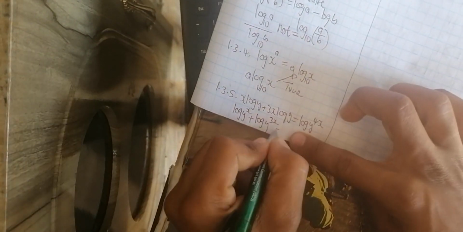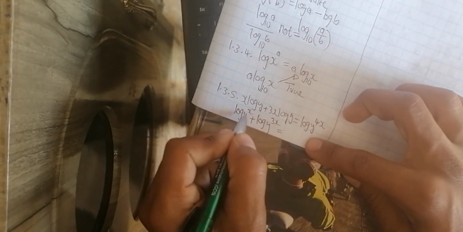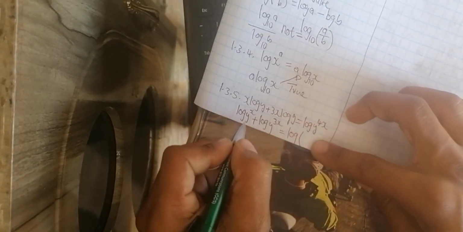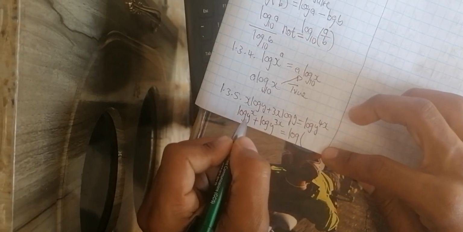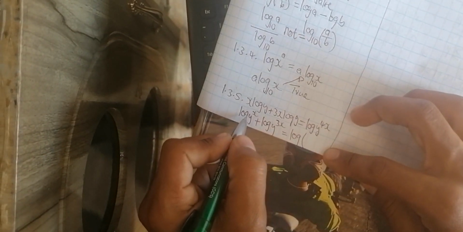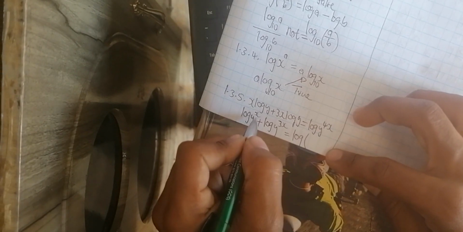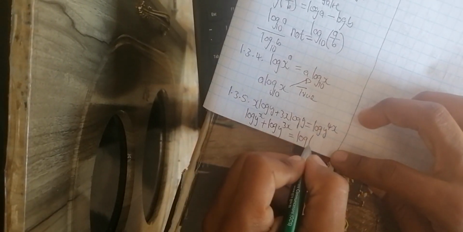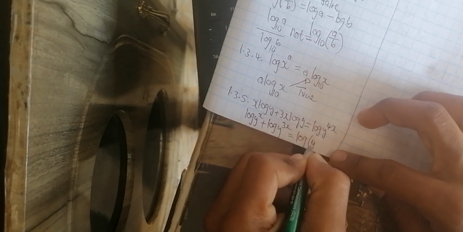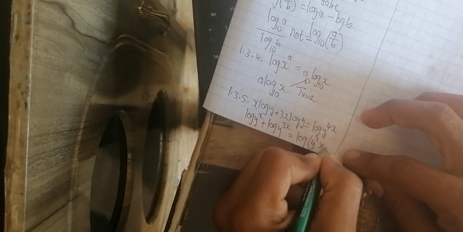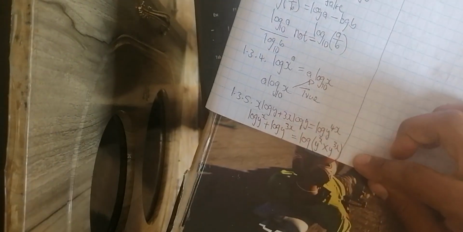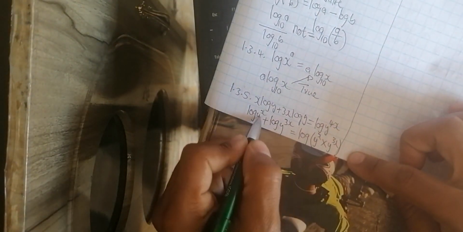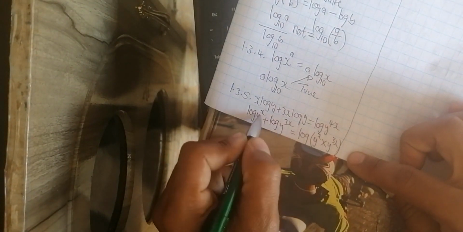Very good. Now I know that when I multiply, I add. So I'm going to say log, and when I multiply, I add. So I'm going to say y to the x times y to the 3x. Can you see that? So I'm taking out a log and I'm saying when I add, I multiply.